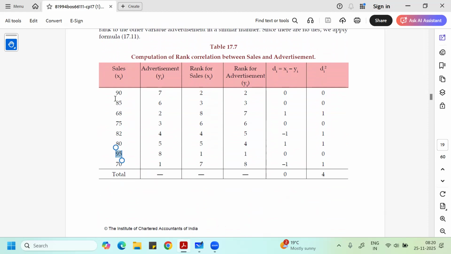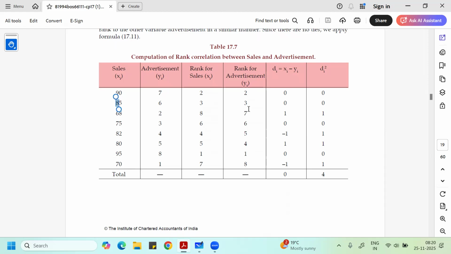Second highest is 90, so that is rank two. 85 is rank three. Then 82 is rank four. Then 80 is rank five, then 75 is rank 6. In the same way, you give ranks to the advertisement: the highest value is 8, so 8 is rank 1, 7 is rank 2, 6 is rank 3, 5 is rank 4, like this.